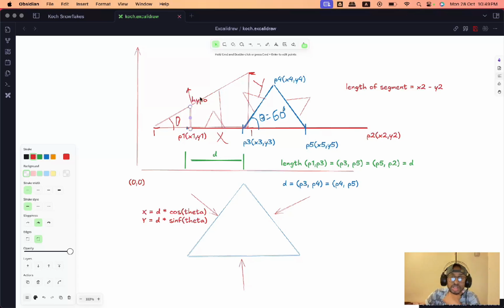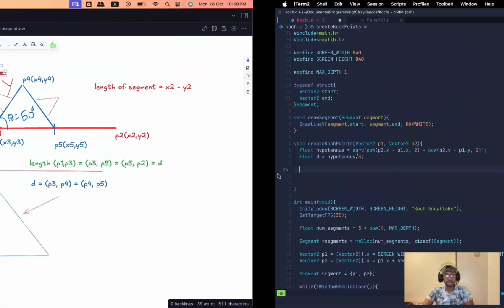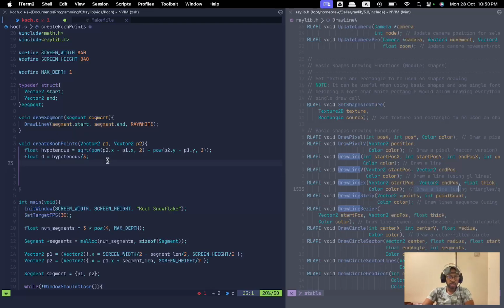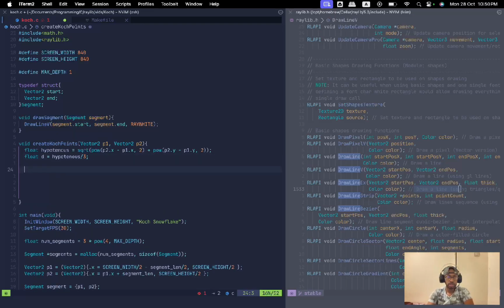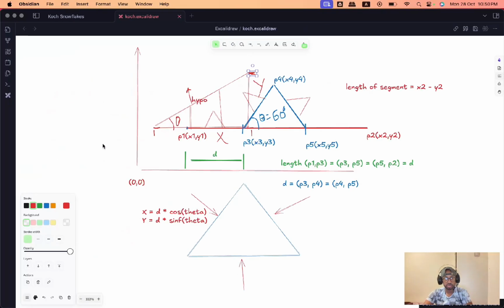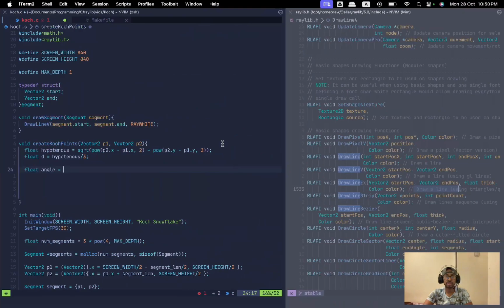So it will be P3, this will be P5, and this will be P2, something like that. Now I can find the angle theta by calculating the height and the width of the triangle of the segment.